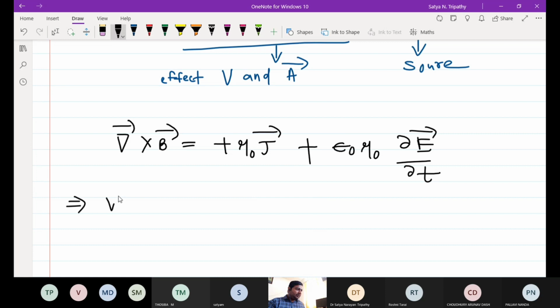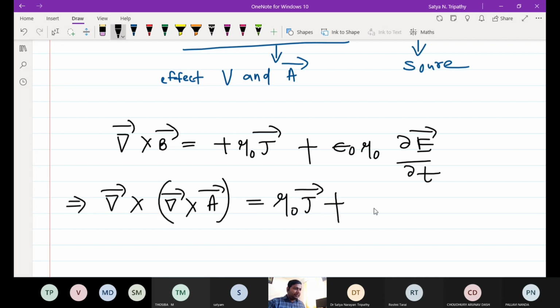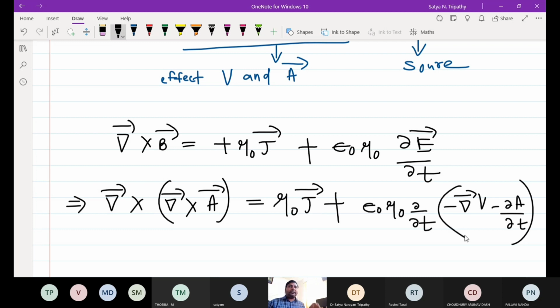So this is del cross del cross A is equal to mu 0 J plus epsilon 0 mu 0 d by dt of minus grad of V minus dA by dt. Is it clear?